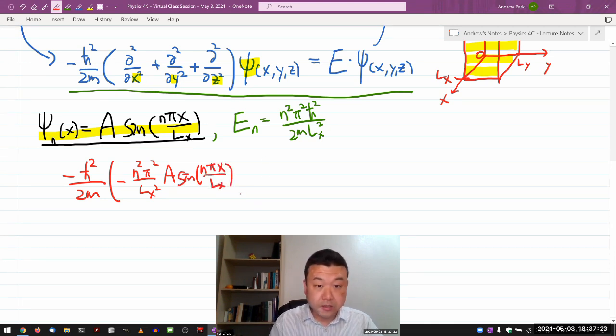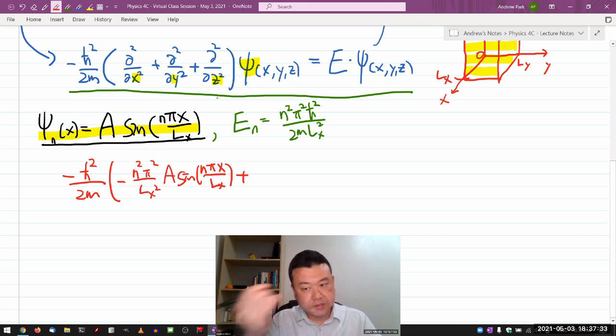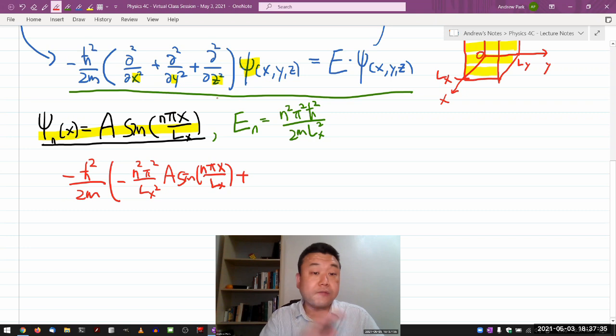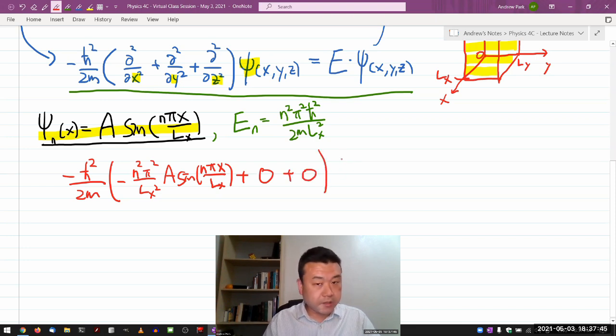That's my x term, and my y and z terms are super simple. This is a function that does not depend on y and z. For these partial derivatives, the explicit instruction is for you to treat everything other than the differentiated variable as constant. So this is 0. This is also 0. Okay, we are done with the left-hand side.